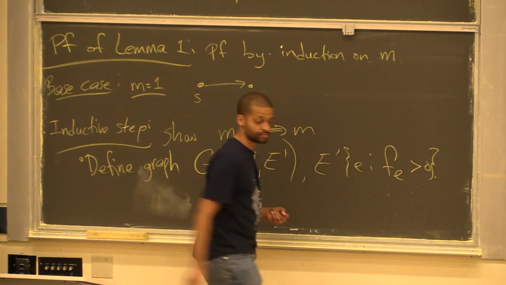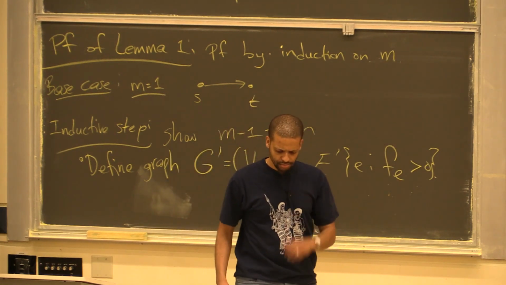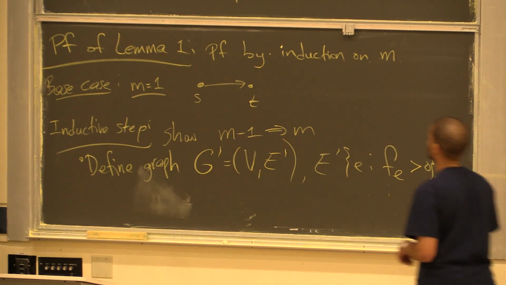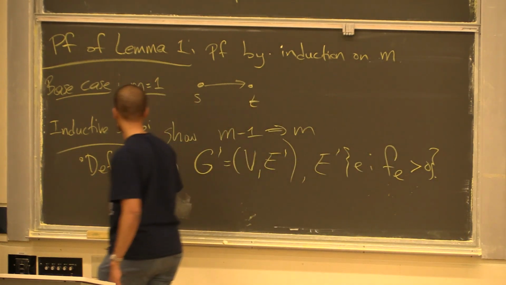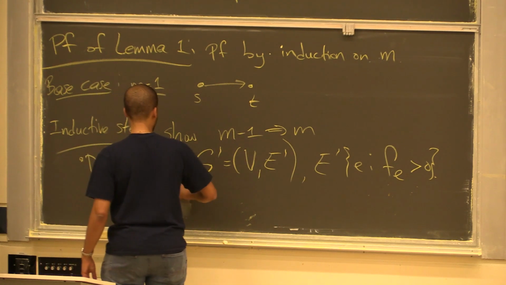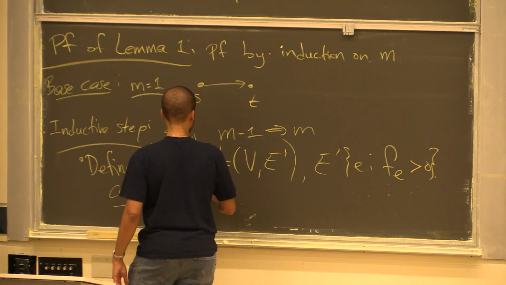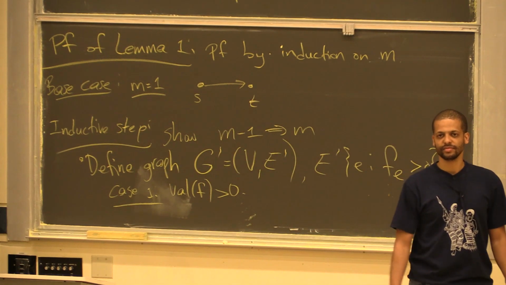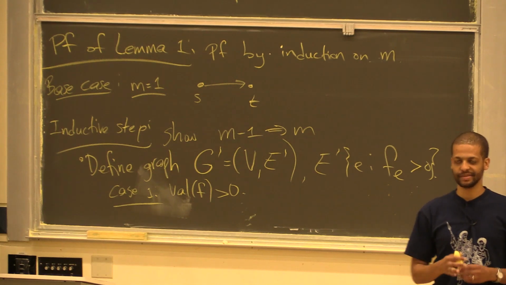It's not 0. Okay? And two cases. Case 1 is the value of this flow is not 0. It's positive, okay, which means there's something leaving S.